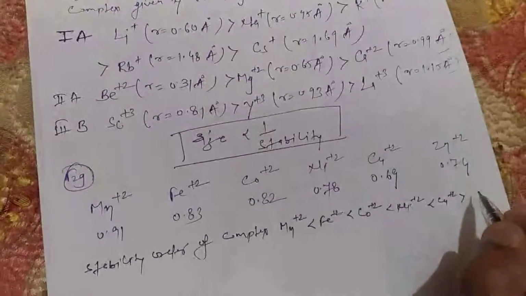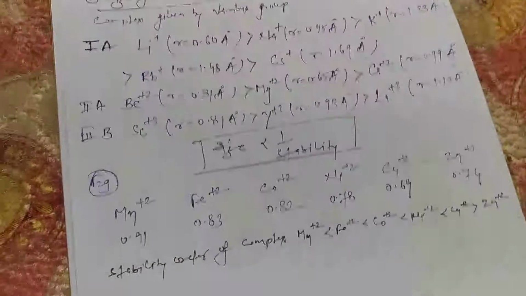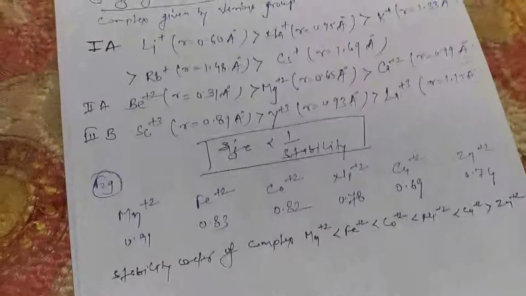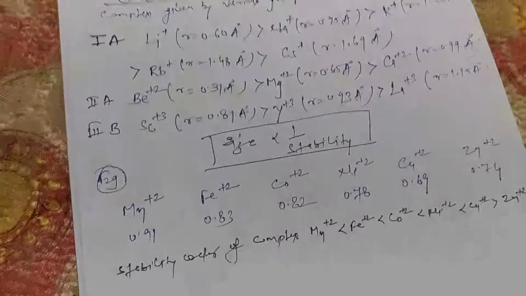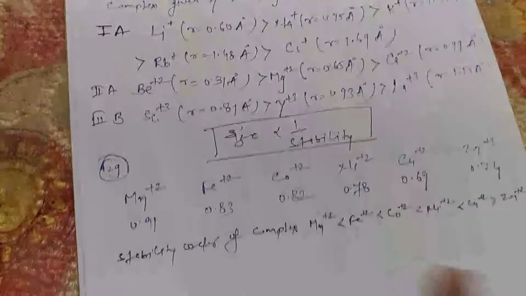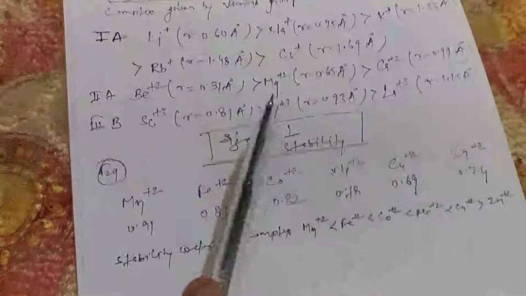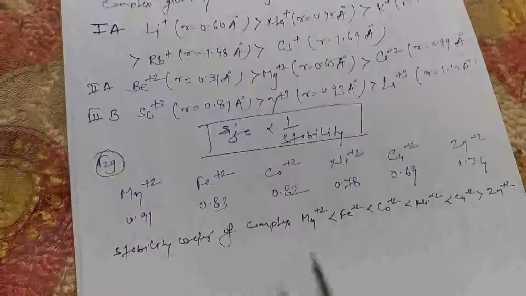It is greater than nickel and less than zinc. So here you have to be careful, and this order, particularly for this order I'm talking, not for this one, okay, there is a reverse trend.